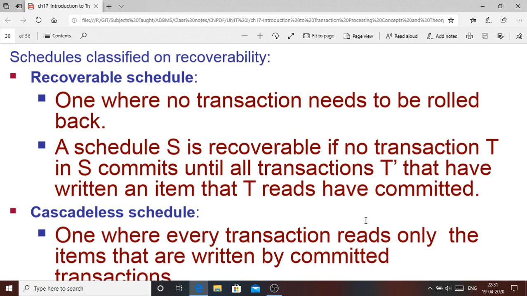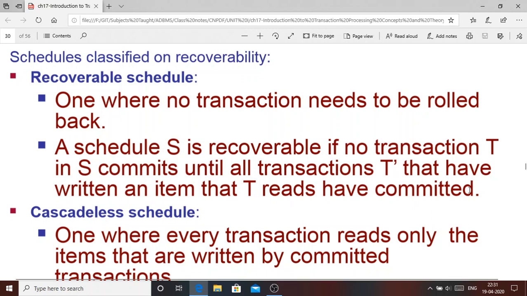a transaction T has accessed some database data item and has written some data item, and T dash, which is reading the data item written by the earlier transaction T, will read that particular data item only when T is committed.